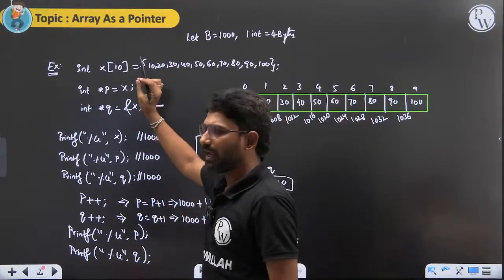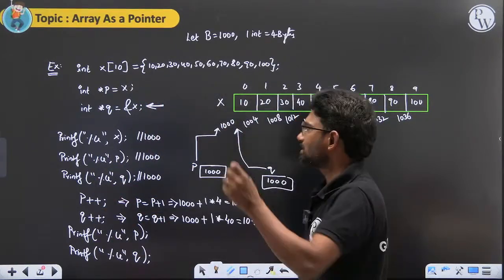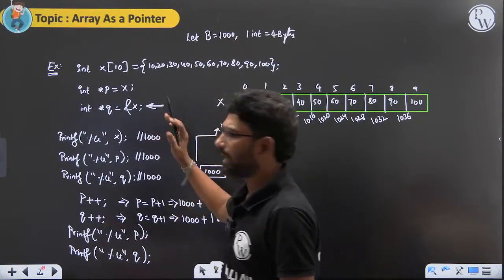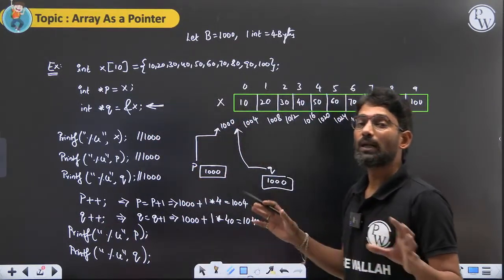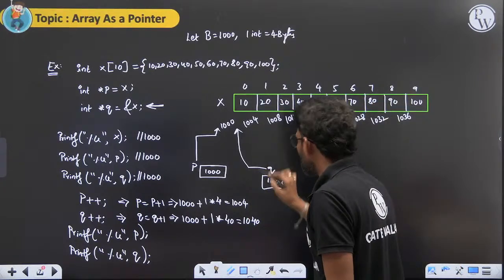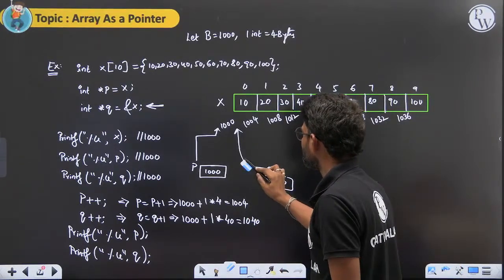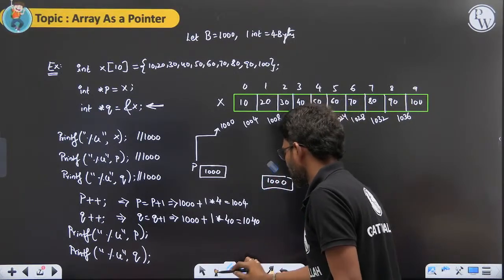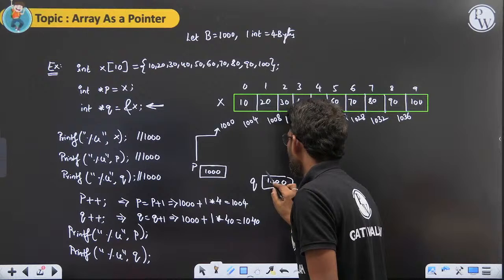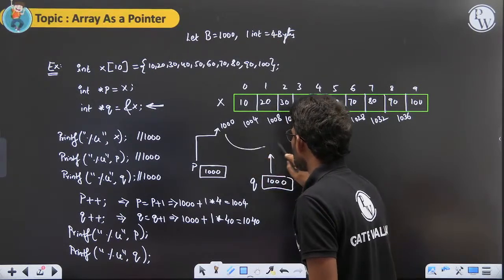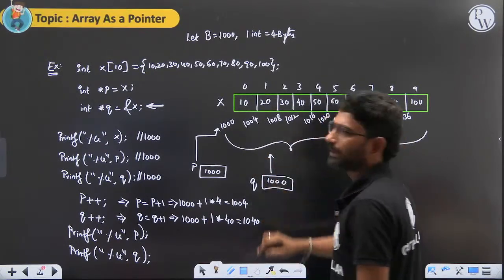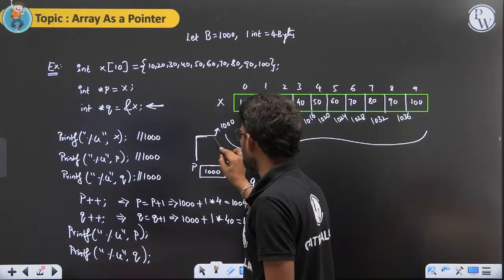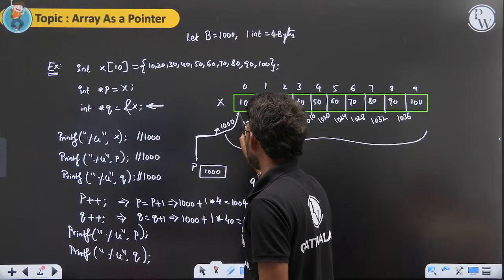When you just say x, you are referring to just an element of the array. So Q is pointing to not just one element but the whole array, while P is pointing to just one element of the array.